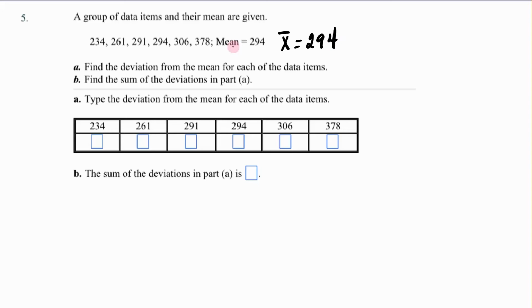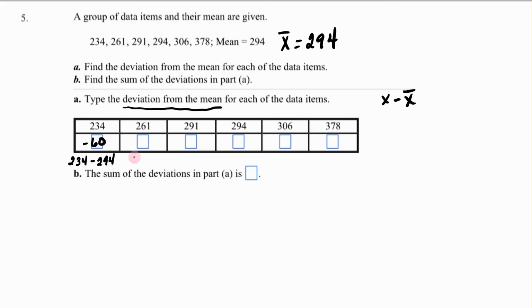So for each one of these, it says deviation from the mean, x minus x bar. So for the first one, I have 234 minus 294, that's the mean, and I get negative 60 for my first deviation.